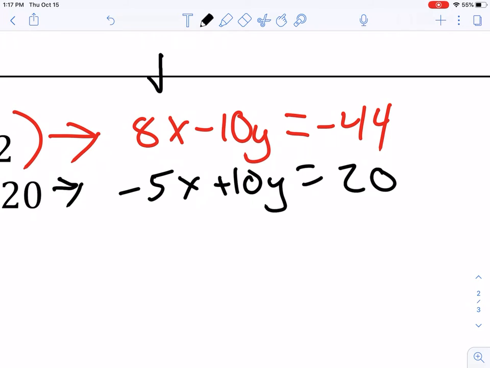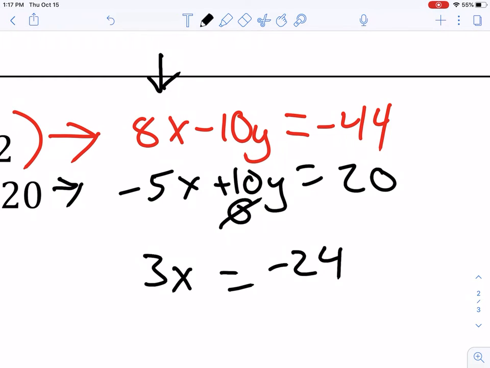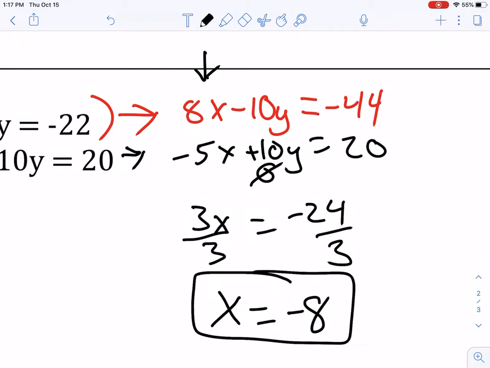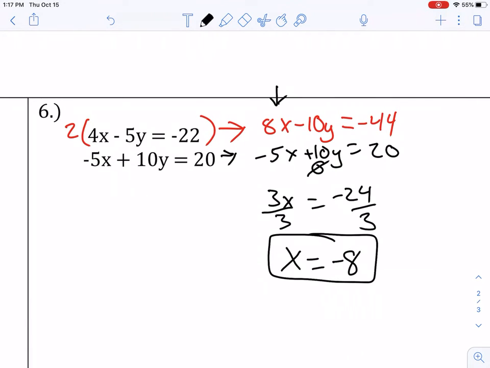Now I have elimination. 8x minus 5x, 3x. These cancel out. Equals, that's going to be negative 24. I divide by 3 on both sides, and x equals negative 8. I can now take that and plug it into any of my original equations.